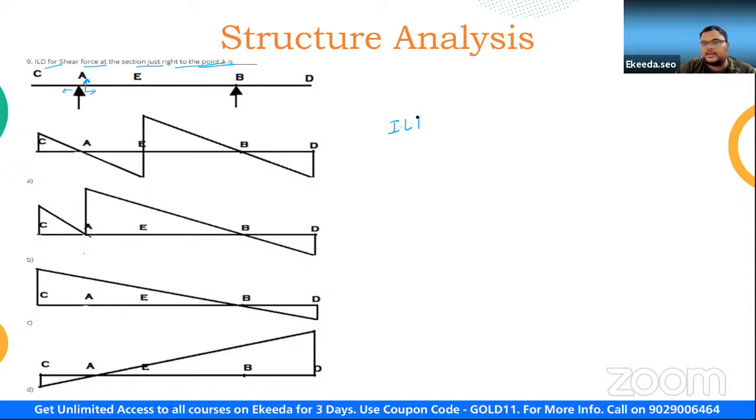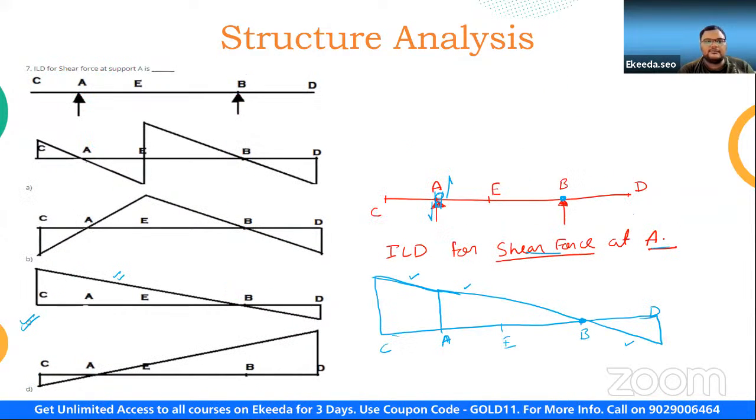We have to find out the ILD for shear force just to the right of point A, right? We have to find out the influence line diagram for shear force just to the right of point A. So let me clear here that this question is different and this question is different.